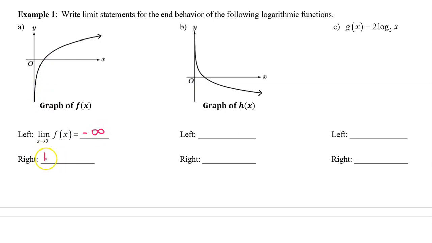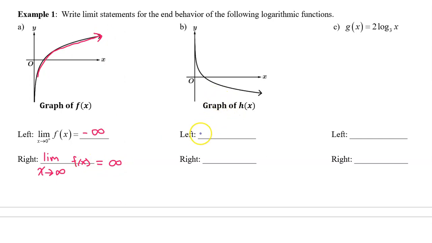The right end behavior will begin the limit as x approaches positive infinity of f of x, as usual. And we see that as x approaches positive infinity, f of x also approaches positive infinity. So the limit equals positive infinity.